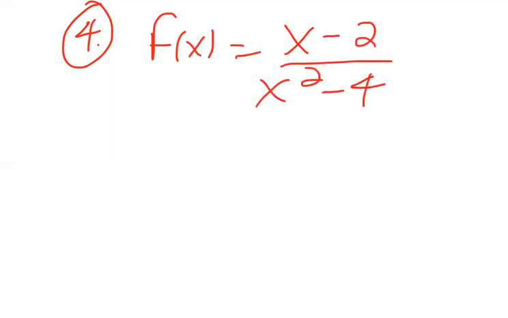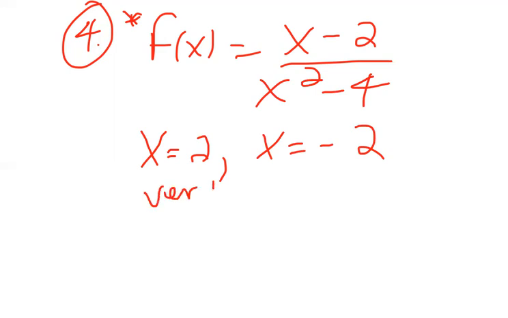Now, this is a special case. First and foremost, what values make the denominator equal to 0? That would be x equals 2, x equals negative 2. And these would represent your vertical asymptotes. But wait, hold up a minute.